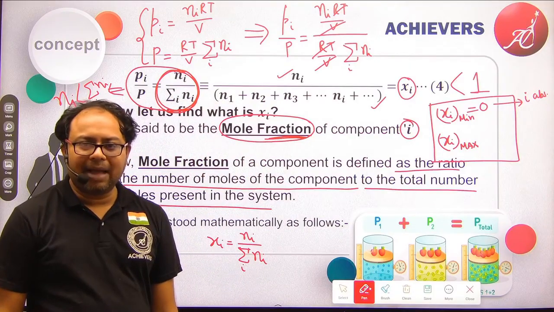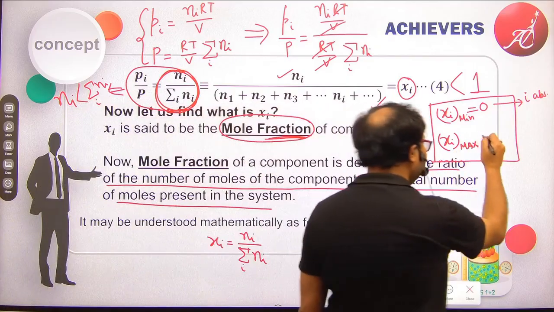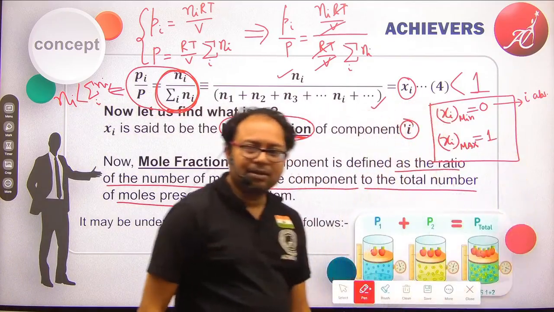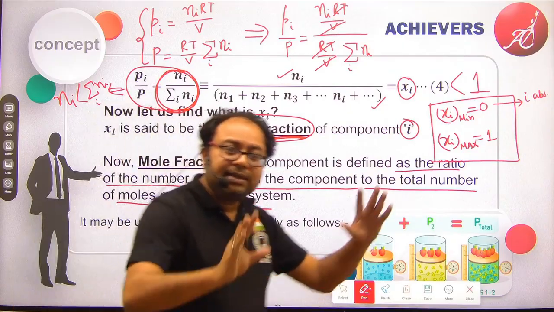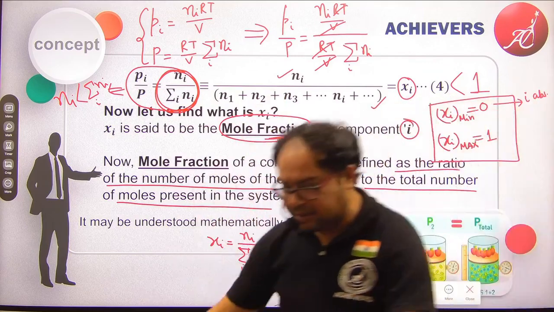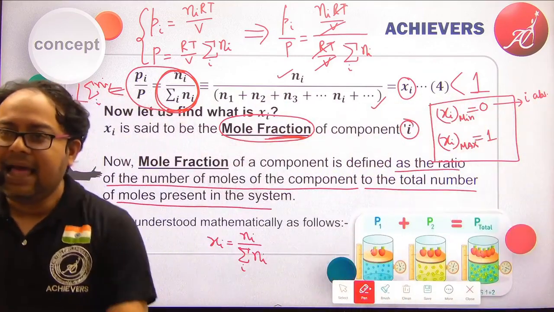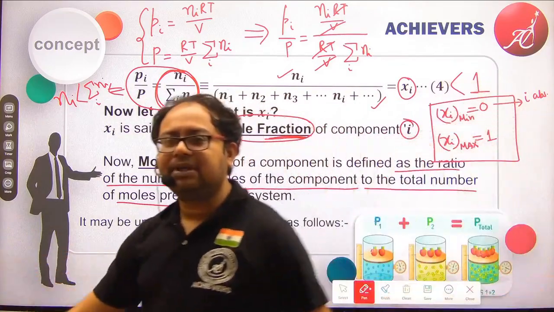And what can be the maximum value? The maximum value of a fraction is 1. Now can we interpret it? Suppose the system contains only I and no other gases are present.